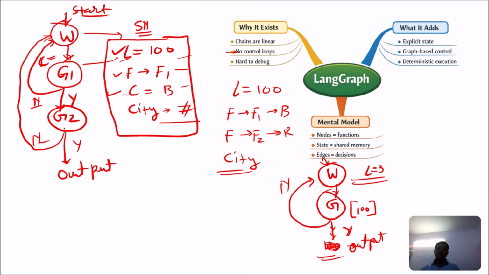Similarly, grader 2 also has two conditional nodes, no and yes, and then final outputs are generated. Grader 1 and grader 2 check the information from this shared place, shared notebook, shared dictionary, anything you can develop. So now you have understood what LangGraph is.